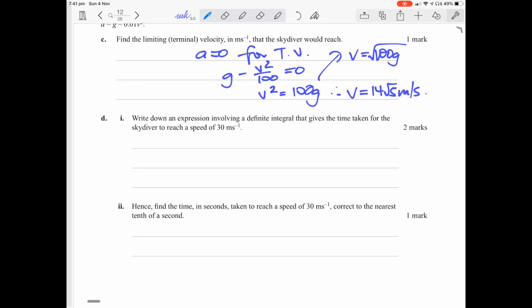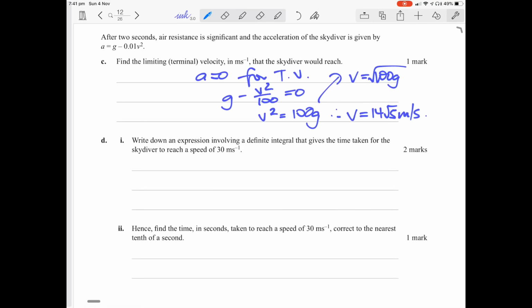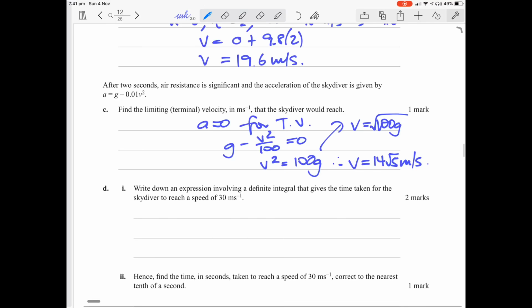Okay, write down an expression involving a definite integral for the time taken for the skydiver to reach a speed of 30 meters per second. Okay, so what have we got? We want to find our displacement, and we know that our acceleration is that. V dv dx.